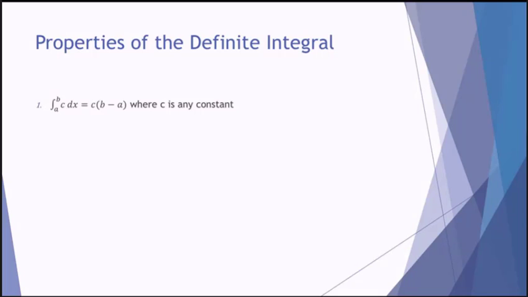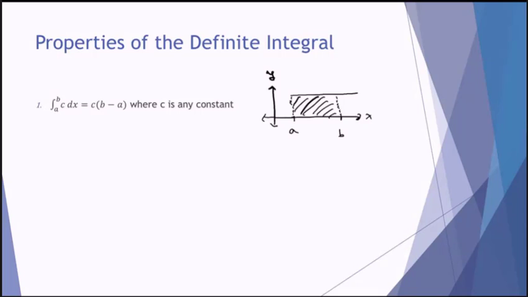Again, I can give you a graphical justification for it. It's not an actual proof, but I can give you a graphical justification. Your function is c, right? It's a constant. When you graph a constant function, it's a horizontal line. Constants in graphs mean horizontal lines. So if you graph that and then you try to find the area under the curve beginning at a and ending at b, notice the shape I just drew.